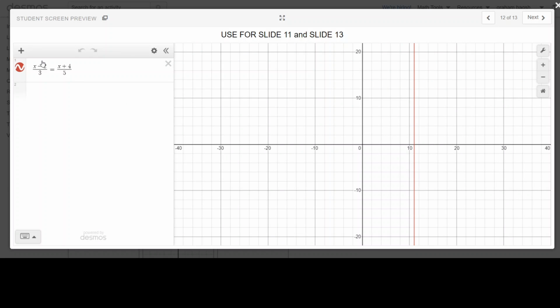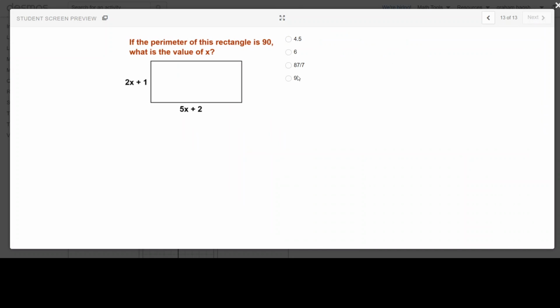So if I go back, and if I clear this, then the sides I want to add together are 2x plus 1 plus 5x plus 2. Those were the two sides. But remember, we said that there was another 2x plus 1 on the right-hand side, and there was also a 5x plus 2 on the top of the question. Now, for perimeter, you just add all the sides together. So it says when I add all these sides together, I actually get an answer of 90.